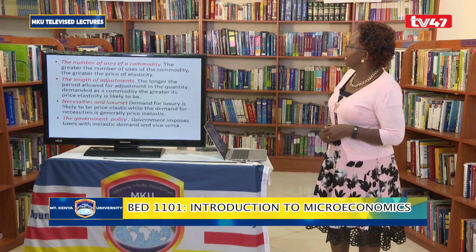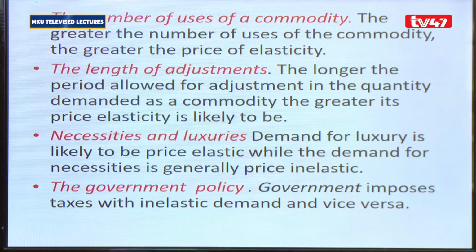Then we look at the number of uses of a commodity. If I'm able to put a product into a number of uses, then I will experience what we call elastic demand. There will be a greater price elasticity, unlike where that product is put to just one use, where again I experience inelastic demand.